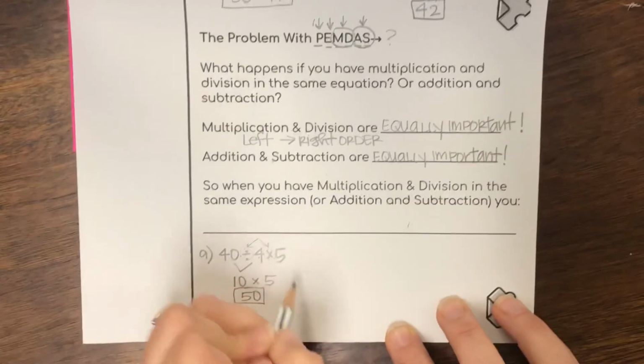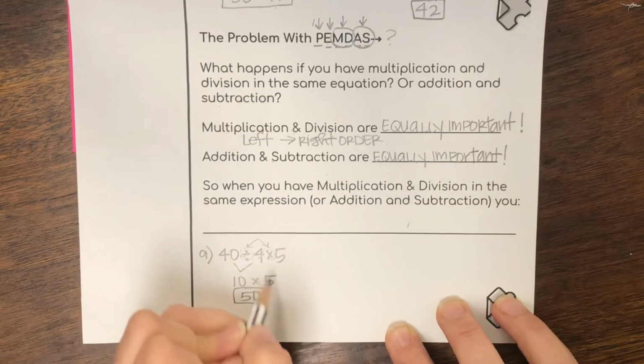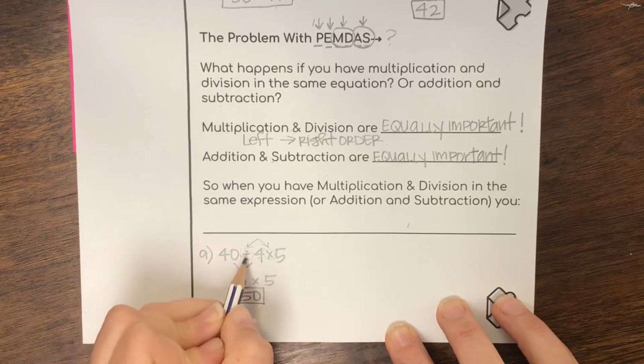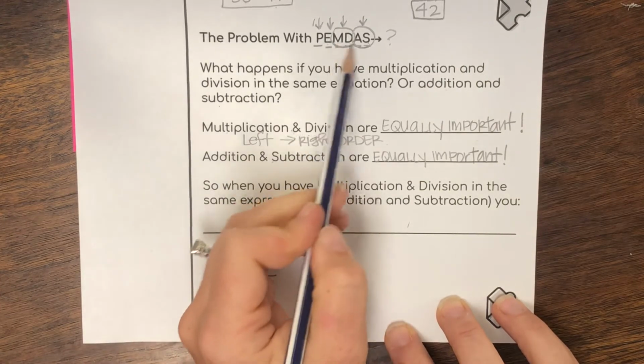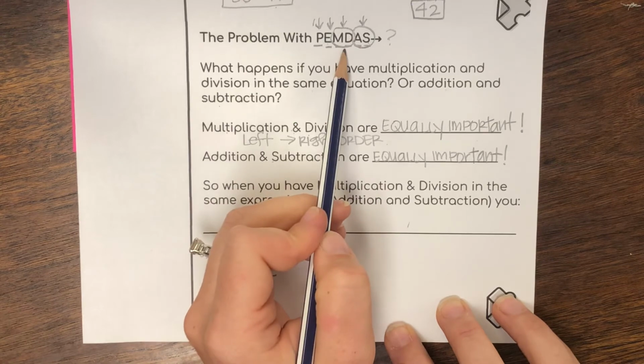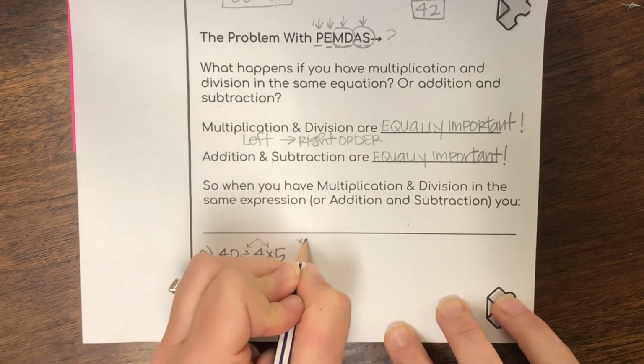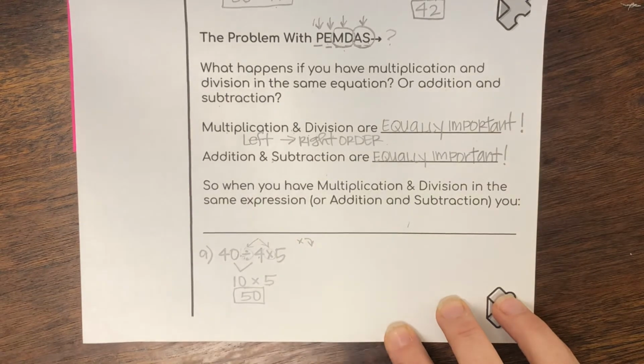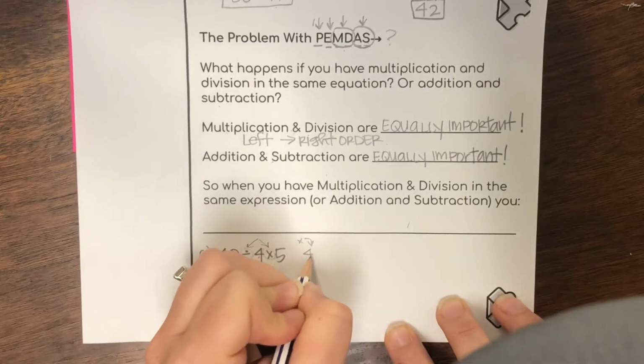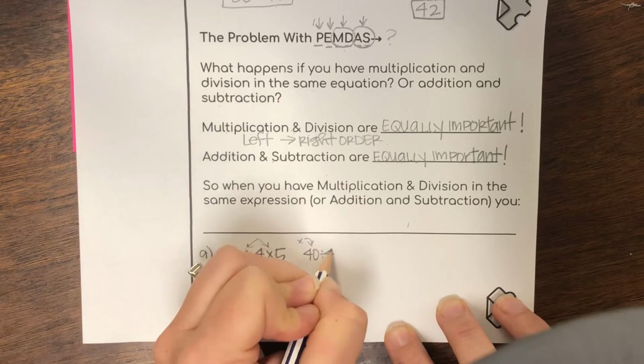But we could have an incorrect solution if we didn't follow this. If I decided multiplication was more important than division, just like PEMDAS kind of leads us to believe, I'm going to show you what that would give us. So don't do it this way. Make sure you write this in your notes. Don't do it this way. So we have 40 divided by 4 times 5.